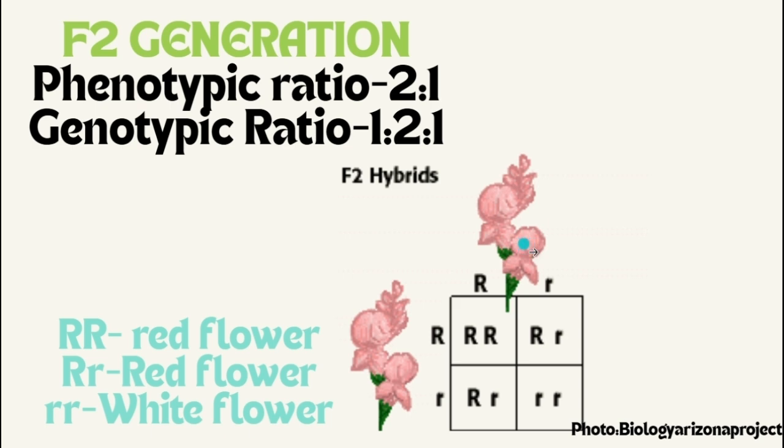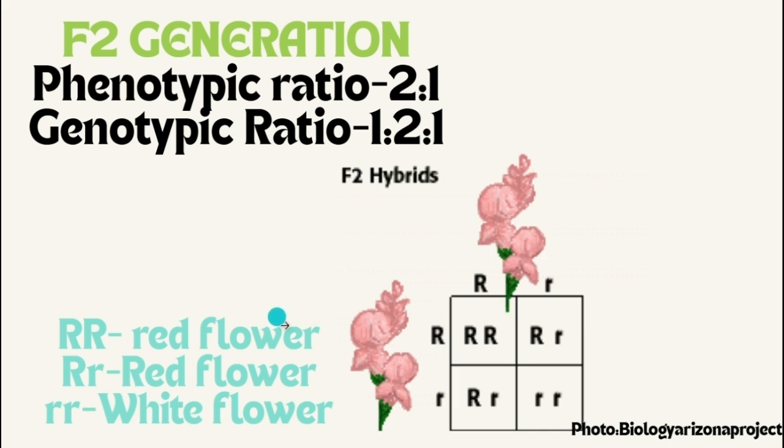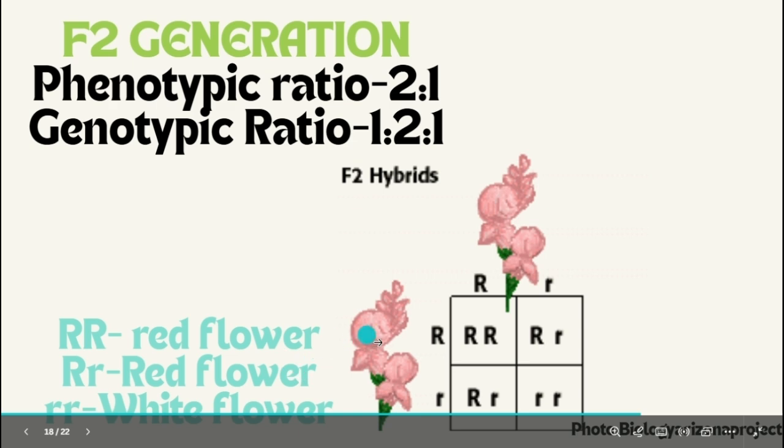Now when we go to the second generation, if a heterozygous crosses with another heterozygous, we're going to use big R for red flowers, big R little r also for red flowers, and little r for white flowers.